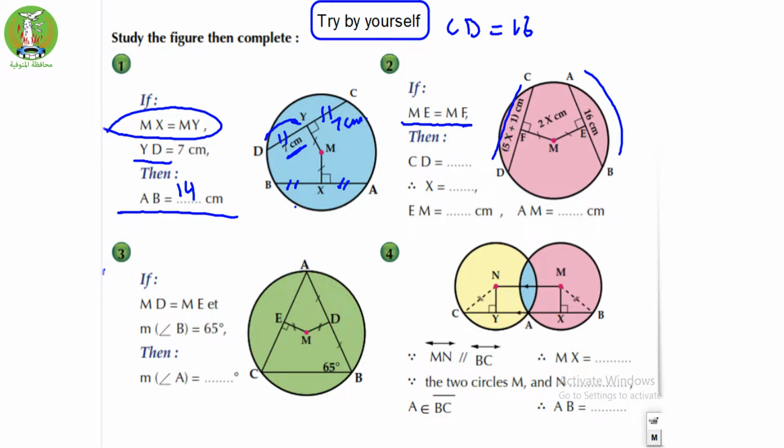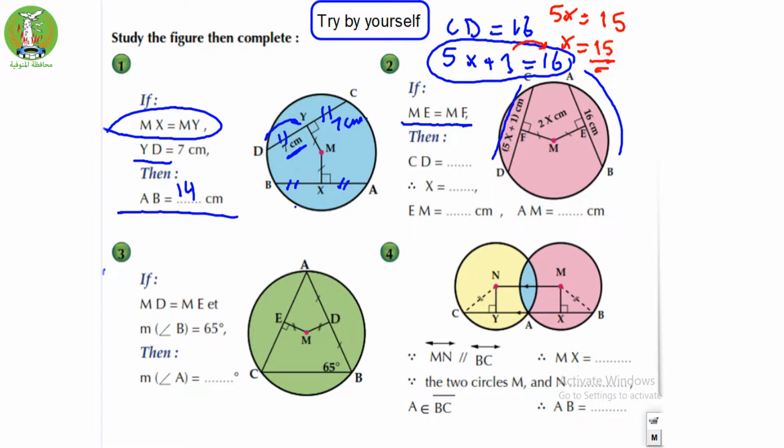But CD equals 5x plus 1. Then 5x plus 1 equals 16. We can solve this equation and find the value of x. 5x equals 16 minus 1, which equals 15, and x equals 15 divided by 5, which equals 3. Then CD equals 16 centimeter, and x equals 3.